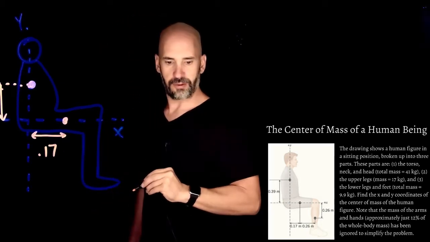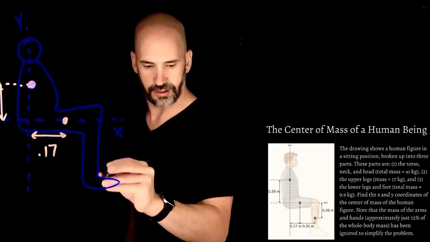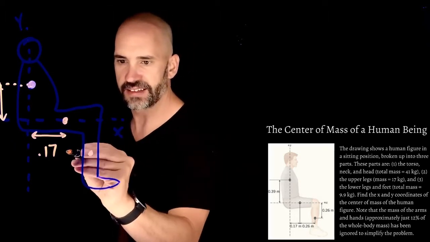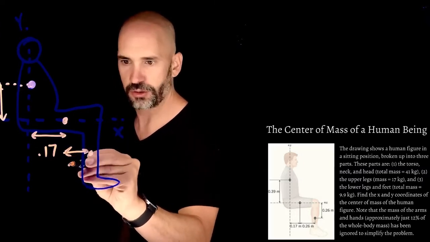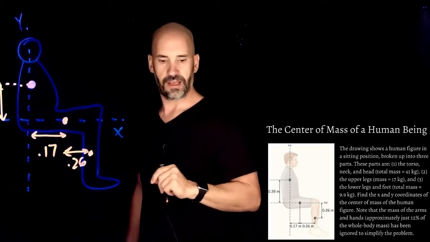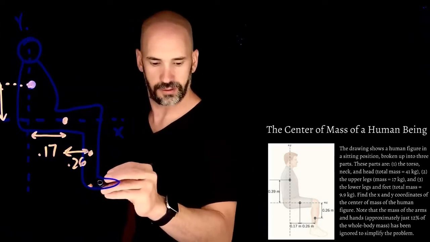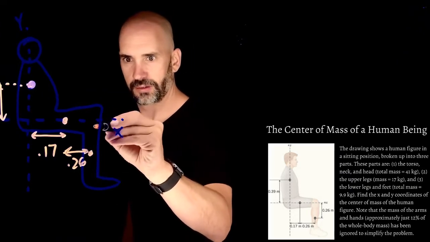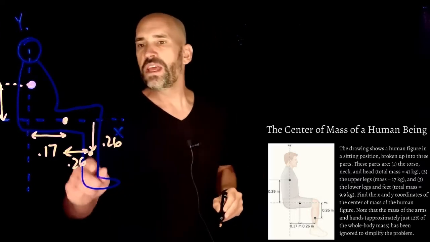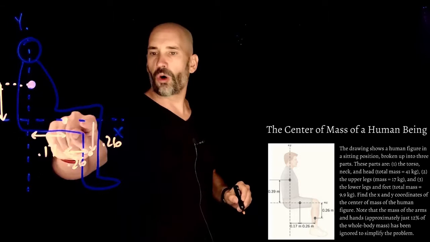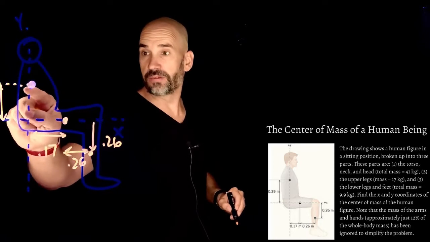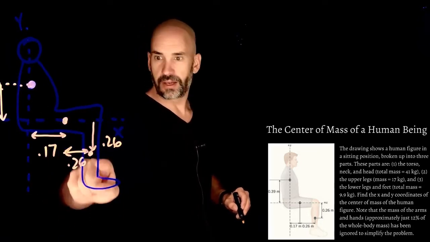And then we have the calf, or the lower leg over here, and we're saying that this is an additional 0.26 meters from the center of mass of the upper leg, and this is also going down 0.26 meters. And so we want to find out what the center of mass of this whole being is going to be if we find the center of mass of the torso, the upper leg, and the lower leg.